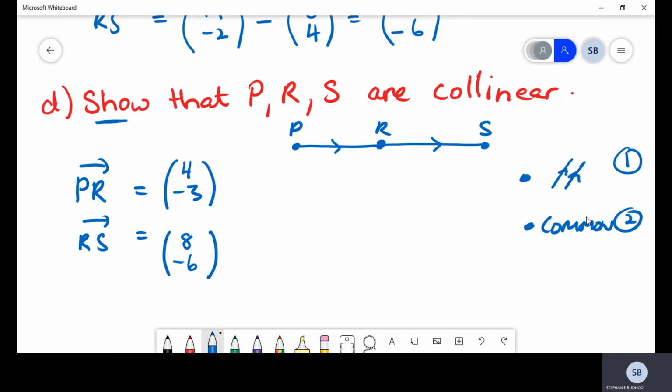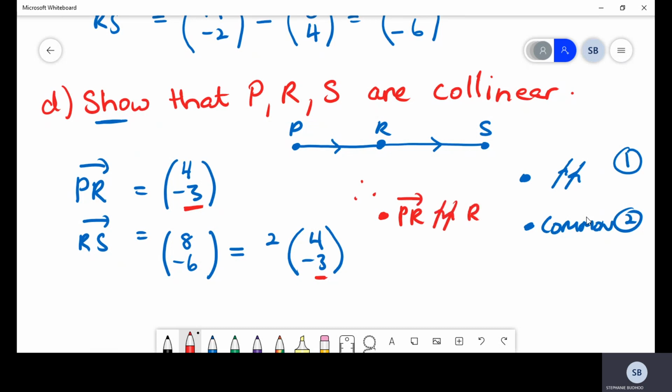Now the first vector has already been reduced to its simplest form. In the second vector, RS, we will factor out 2. Factoring out 2, we get 4, -3. And clearly, you can see that these two vectors are the same. Therefore, we can say that the vector PR is definitely parallel to the vector RS. Now, testing for collinearity, they must contain a common letter.